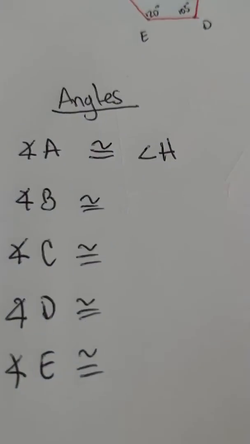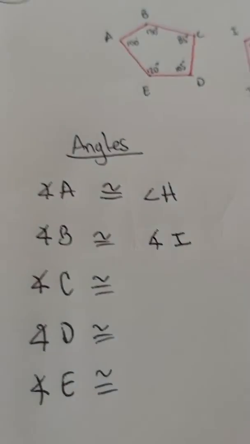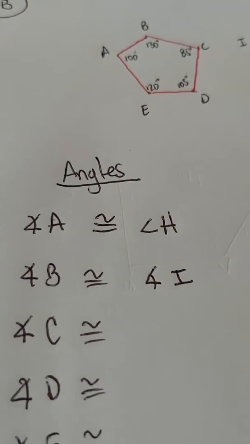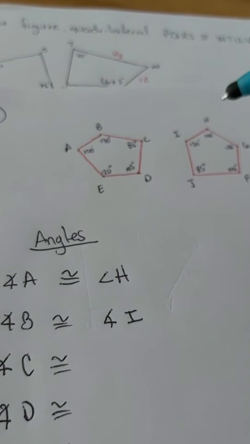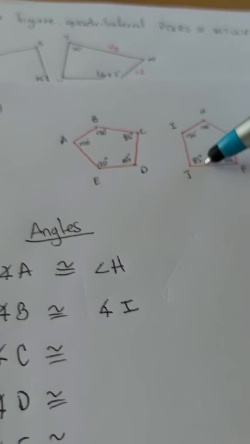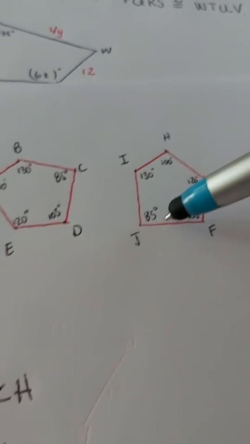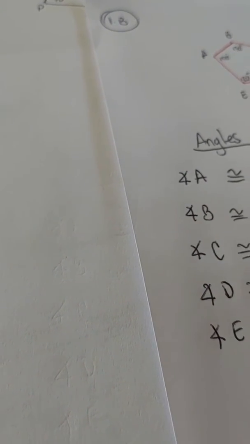So we can state that angle B is congruent with angle I. Angle C measures 85 degrees, right? Angle J measures 85 degrees. So we can state that angle C is congruent with angle J.